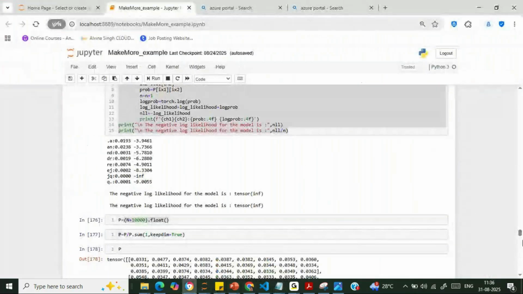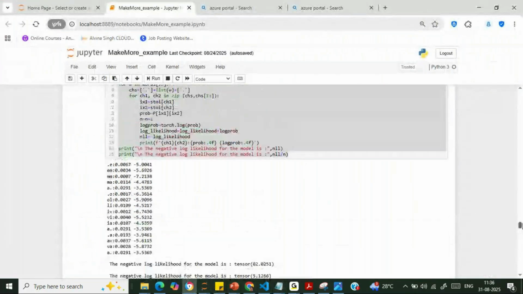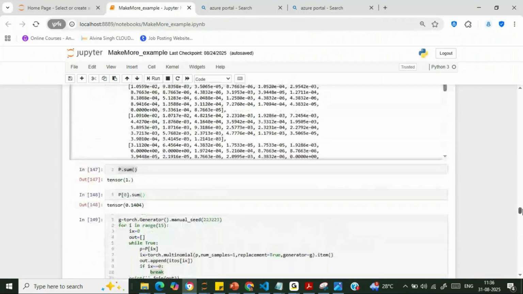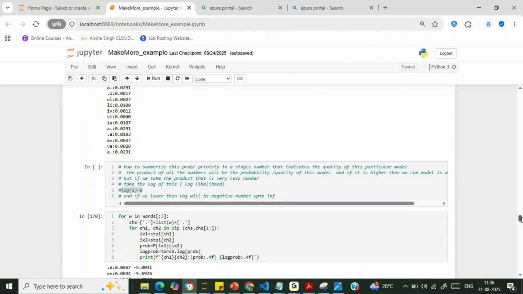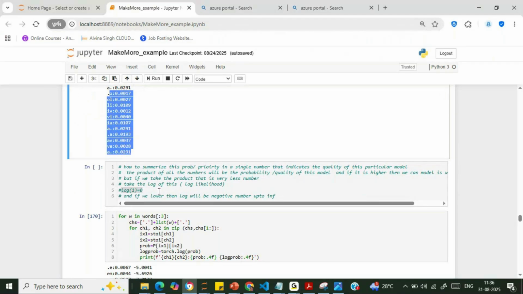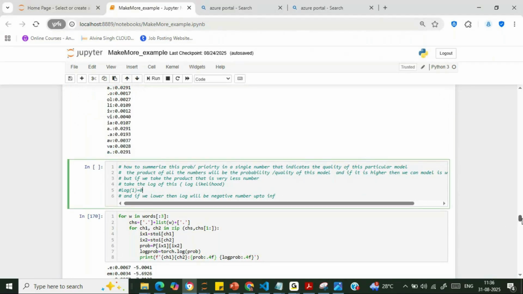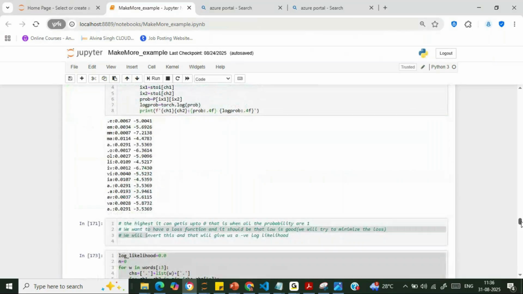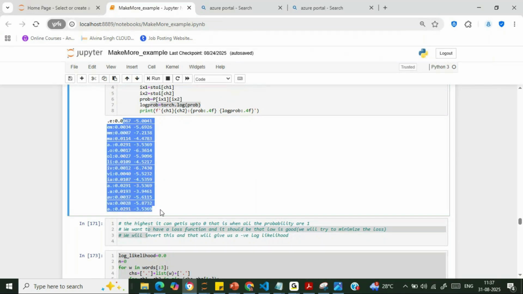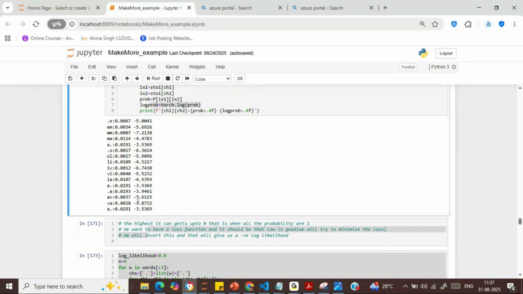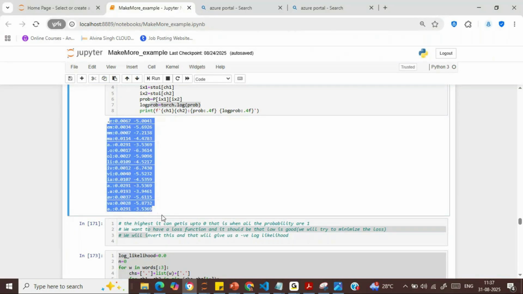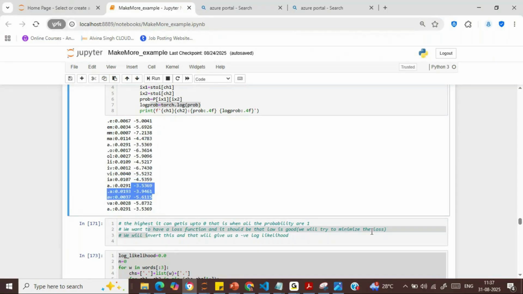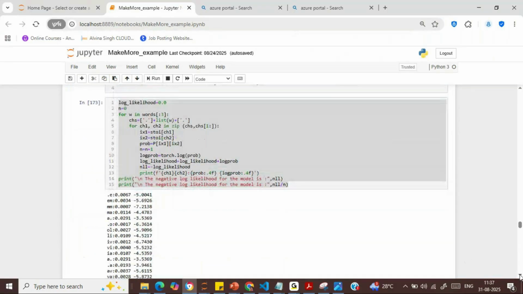So we were having the probability of each and every combination. In order to get the probability for the complete model, we have taken the log likelihood. Log likelihood was giving a negative number, so in order to make it a positive number, we have taken the negative of this, that is negative log likelihood.